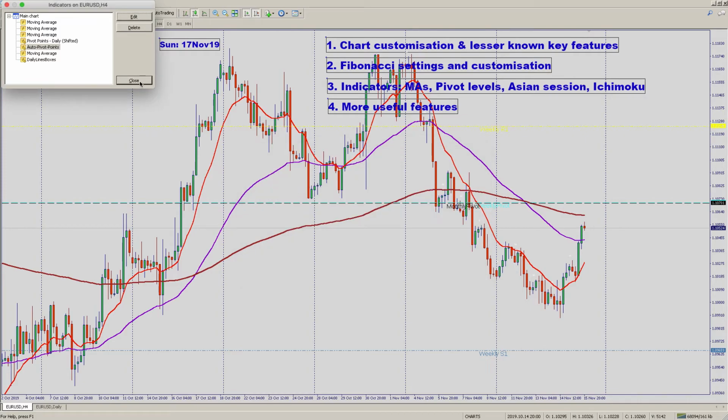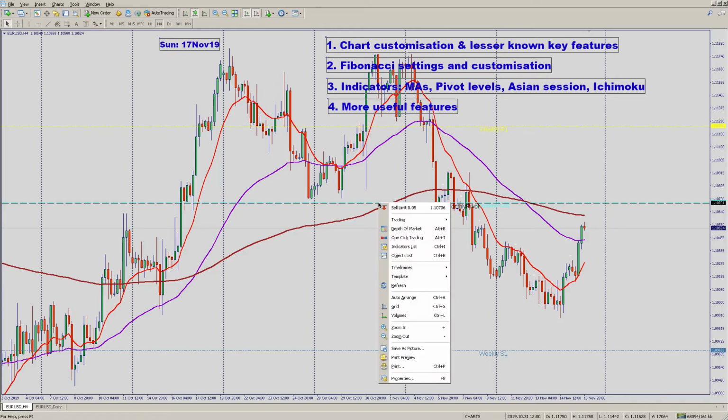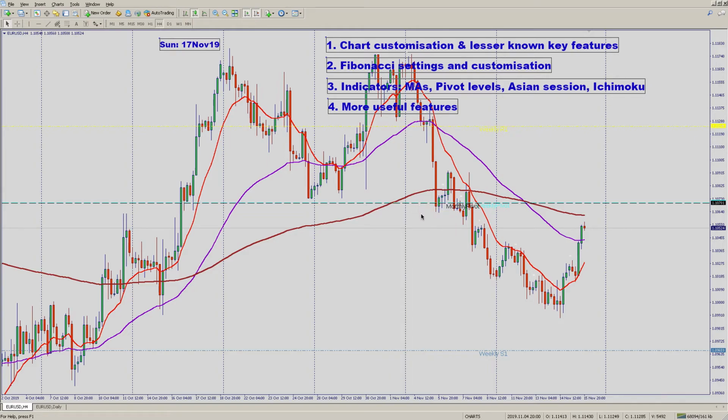Okay. So the main feature here is the one in blue. Unfortunately, you can't change the colors for these auto pivot indicators. So the one in light blue is the weekly pivot. The one in black is the monthly pivot.